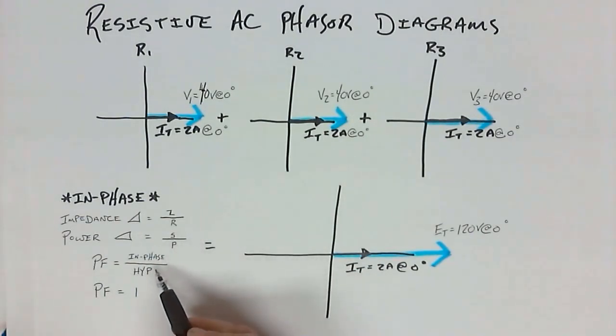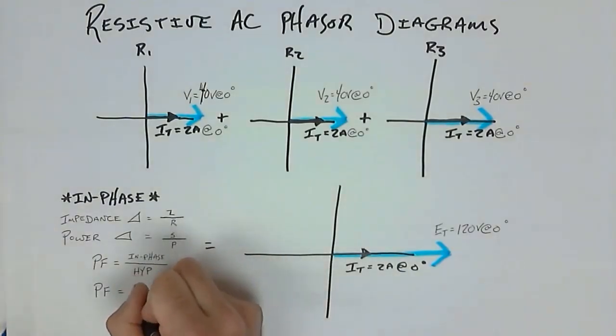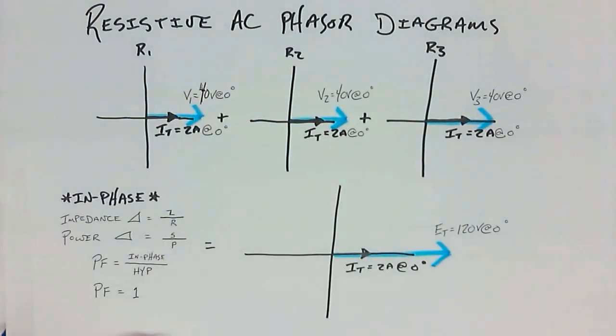And because of that, the in phase divided by the hypotenuse gives me a power factor of 1. We'll never get a power factor larger than 1. Power factor can go all the way up to 1, but it cannot exceed 1. And we're going to see that. These are 3 extremes that we're going to be looking at: resistive, inductive, and capacitive.